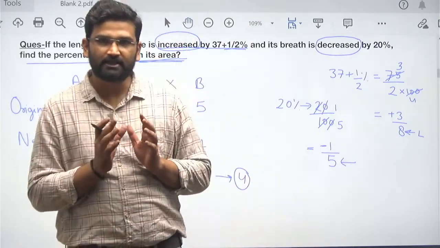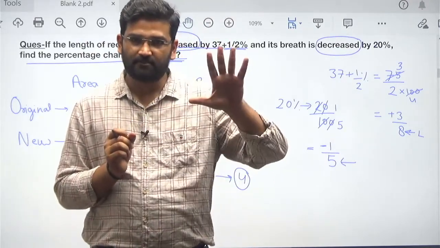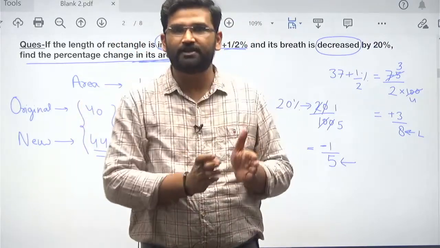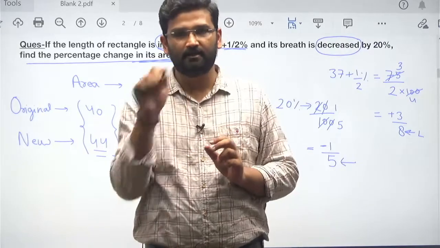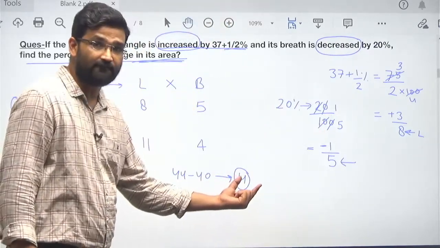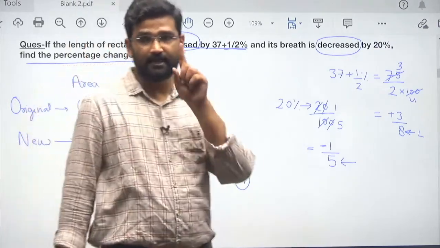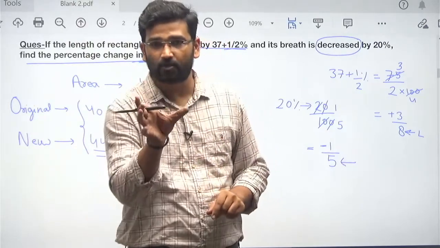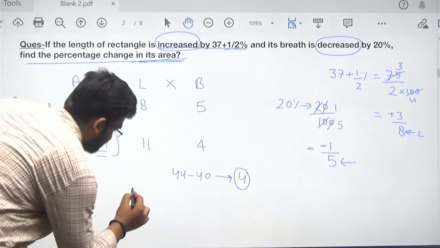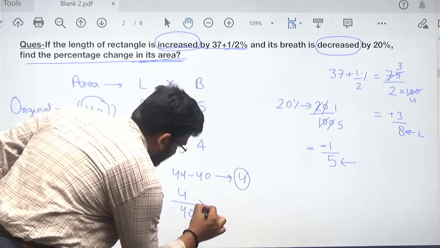तो हमसे कोई पूछता था कि आप कितना परसेंटेज स्कोर किए हैं, तो हम क्या करते थे? 5 सब्जेक्ट्स हैं, 5 सब्जेक्ट्स का टोटल हम डिनोमिनेटर में रख देते थे, मींस 500, और जितना जितना नंबर हमने स्कोर किया है हर सब्जेक्ट में उसको ऐड करके न्यूमरेटर में रख के इंटू 100 कर देते थे. सिमिलरली यहाँ पे हमारा एरिया कितने से चेंज हुआ है? 4 से. अब परसेंटेज पूछ रहा है, तो परसेंटेज मैंने आपको हमेशा बताया है कि in percentage always we will keep the original quantity in the denominator. So here what is the original? 40. So percentage change is 4/40 into 100.